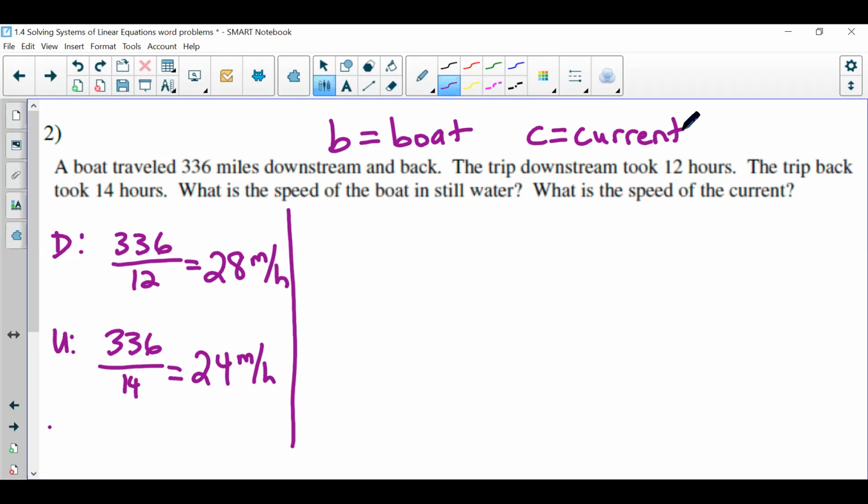Okay. If you were going downstream, what happens to the speed of the boat if it's going with the current? It's going faster. Do you think I'm adding the speed of the boat with the speed of the current, or am I subtracting? Are those two vectors going in the same direction, so adding, or are they going against each other, so subtraction?